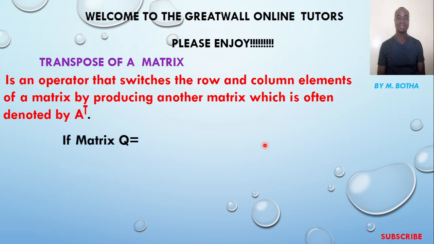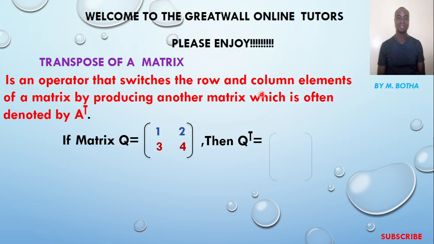We can look at one example here. If we have a matrix Q, which is given to be 1, 2, 3, 4, the dimension of this matrix is 2 by 2, right? Because it has 2 rows and 2 columns, which makes it a square matrix, from the previous page. Good. Now, finding the transpose of this matrix, in line with the definition, is just an operator switching the rows to columns and columns to rows.